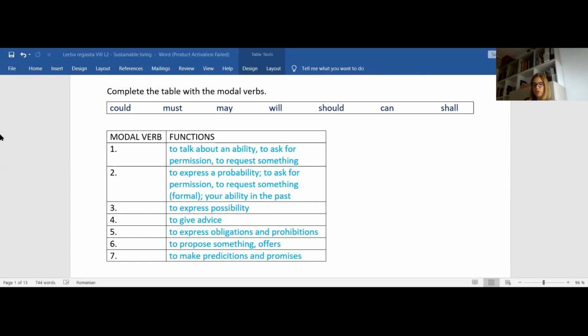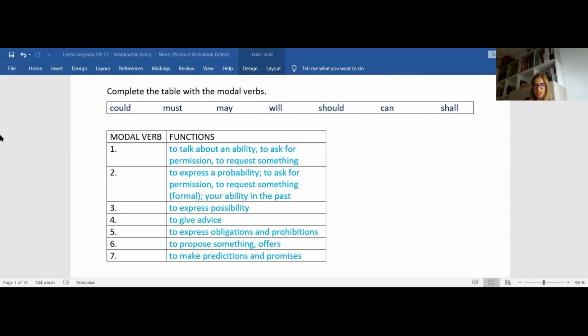Which modal verb should we use to express obligations and prohibitions? Which modal verb goes when we want to propose something or when we offer ourselves to do something? And which modal verb best fits to make predictions and promises?